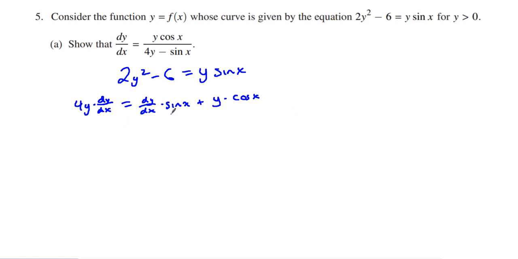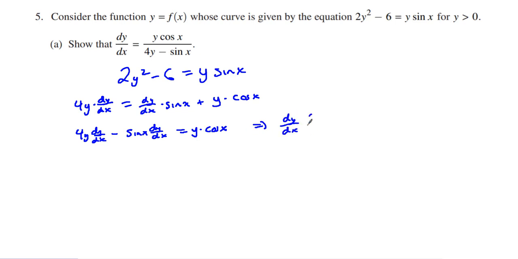So now we want to get our dy over dx's on the same side. So we have 4y dy over dx minus sine of x dy over dx is equal to y cosine of x. Okay, and now we are going to factor out the dy over dx.